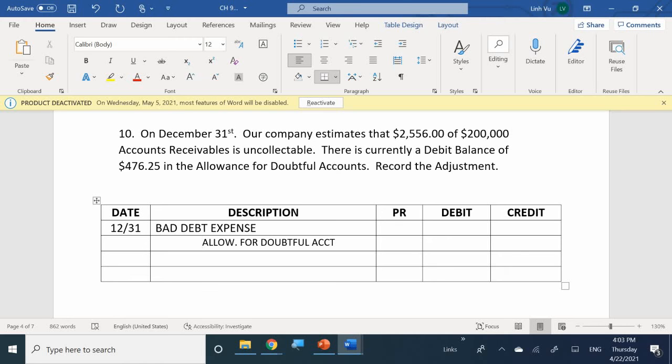So what method am I using? Is it the balance sheet method? Balance sheet method. Excellent. So, if we're using the balance sheet method, how do we determine what our total bad debt expense is going to be?